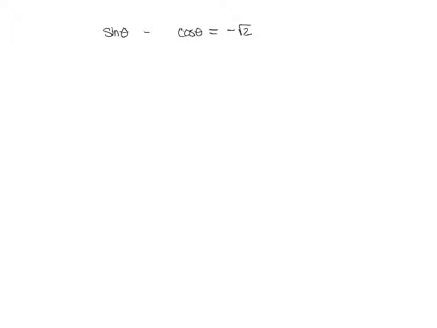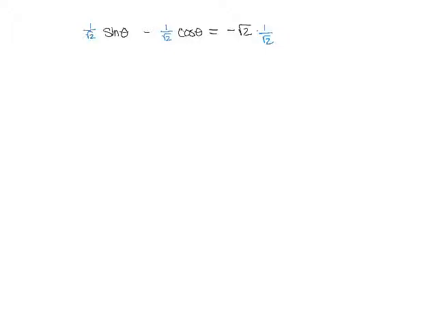And so what we're really going to do first is multiply both sides of this equation by 1 over the square root of 2. And the reason that we do that is because that 1 over the square root of 2 is equal to the sine of pi over 4 and the cosine of pi over 4.